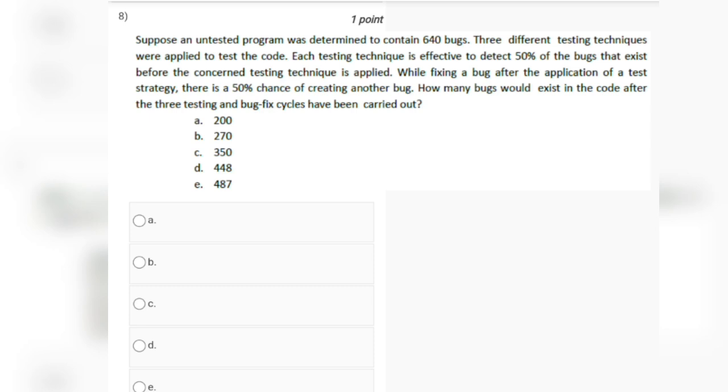How many bugs would exist in the code after the three testing and bug fix cycles have been carried out? So options are 200, 270, 350, 448, 487. So the correct answer will be 270, that is option B.